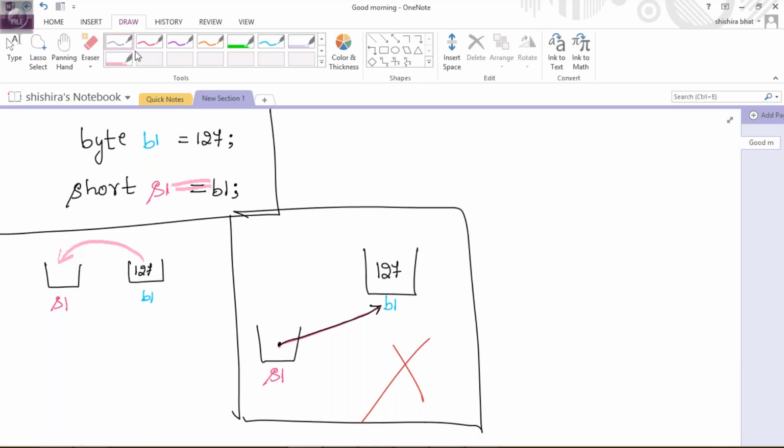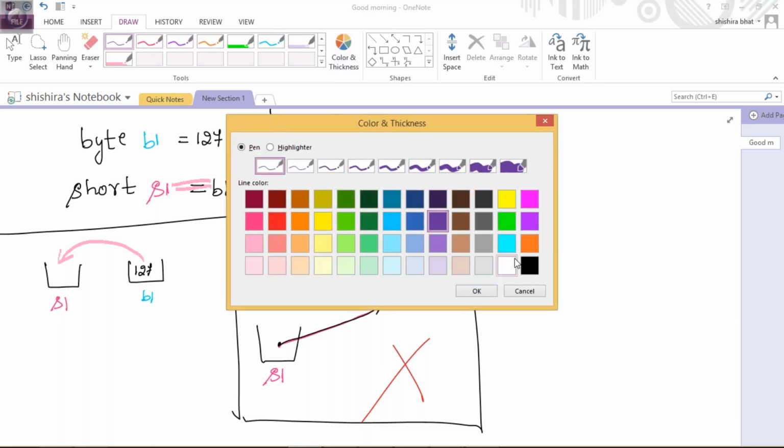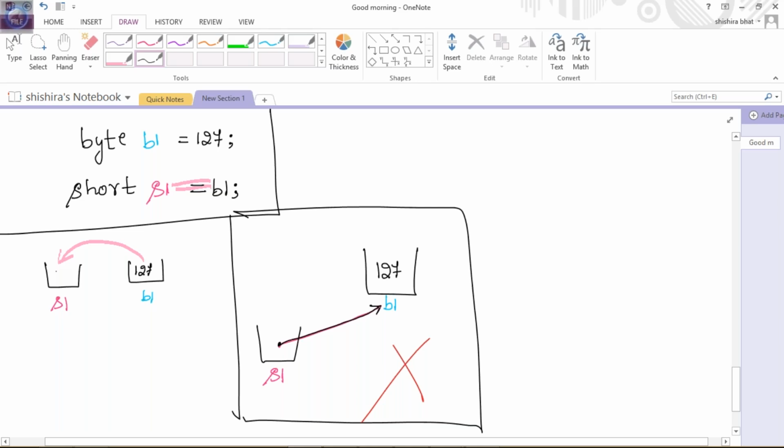So this also stores a data called 127. Are you clear? S1 is nowhere pointing to B1. Rather, S1 is also storing 127, B1 is also storing 127. And this is how it works in Java. Prem, I answered your question.